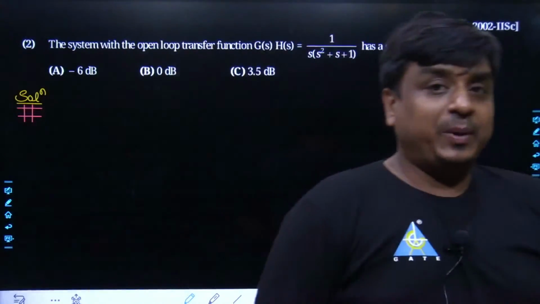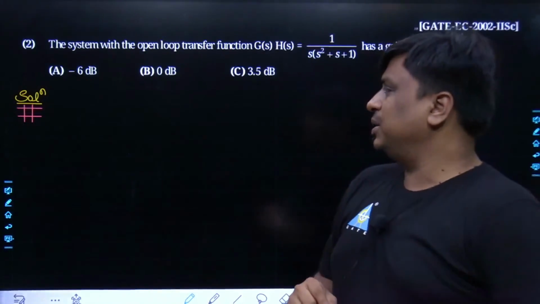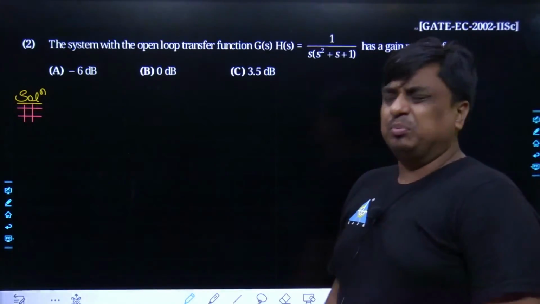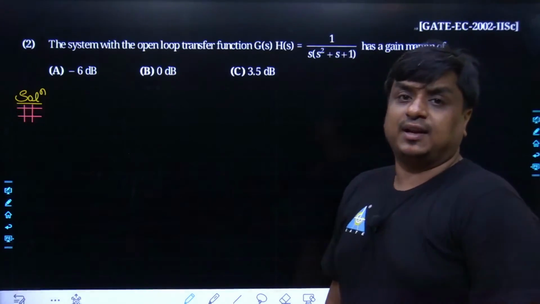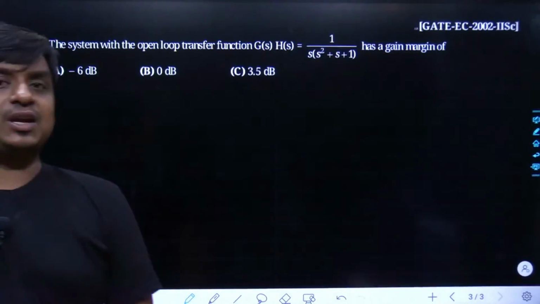And I would expect the students who had been following me, like Amit Kumar, DS, they must be able to give the answer within maximum 40 seconds. Tell me what would be the best most answer for this given problem.